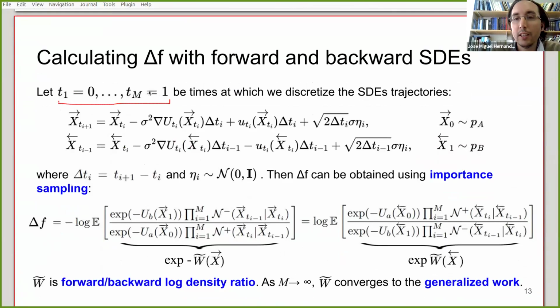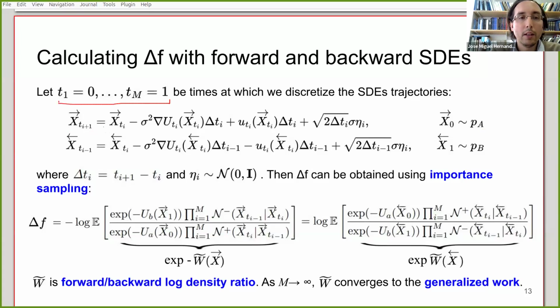And you can now discretize this unit interval and get some time values T1, T2, T3, up to Tm in this unit interval. And then you can simulate the SDEs in this discretized space very easily by just calculating the drift terms. So obviously you start first with a sample from PA.